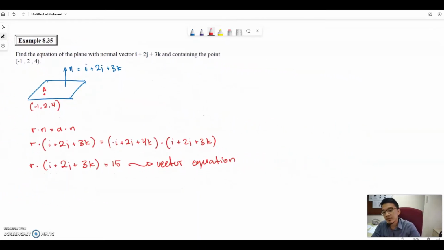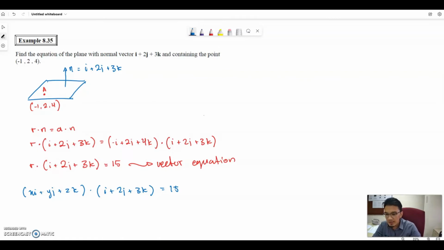There is also another form of equation called the Cartesian form, or Cartesian equation for a plane. You have to expand first. The vector r is xi plus yj plus zk, dot with i plus 2j plus 3k, equal to 15.